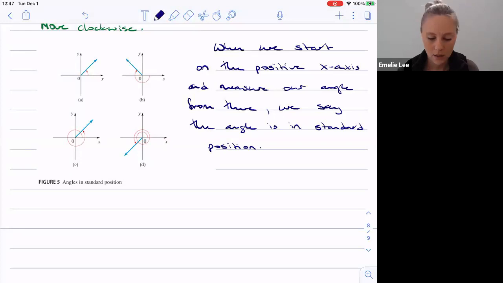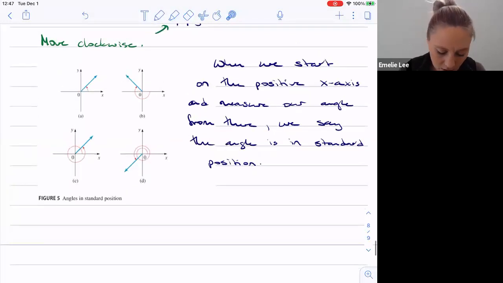Okay. Another thing to note is that if you look at A and then you look at C, even though we've gone around the circle once, it looks like these end up at the same place, right?